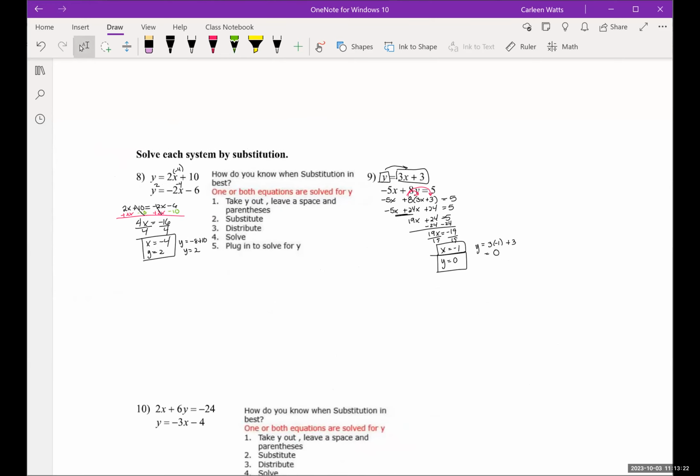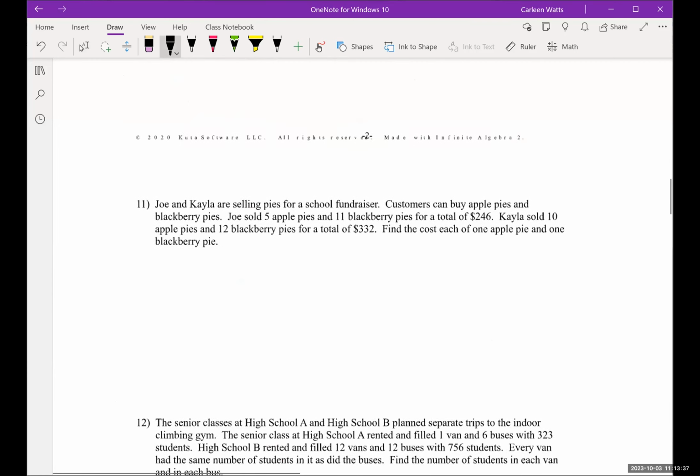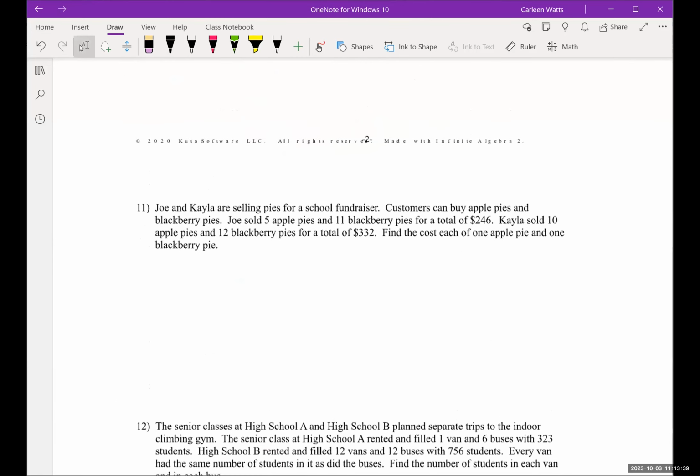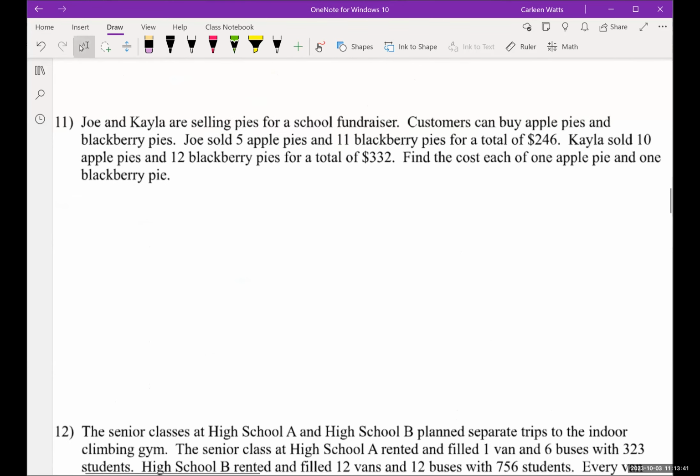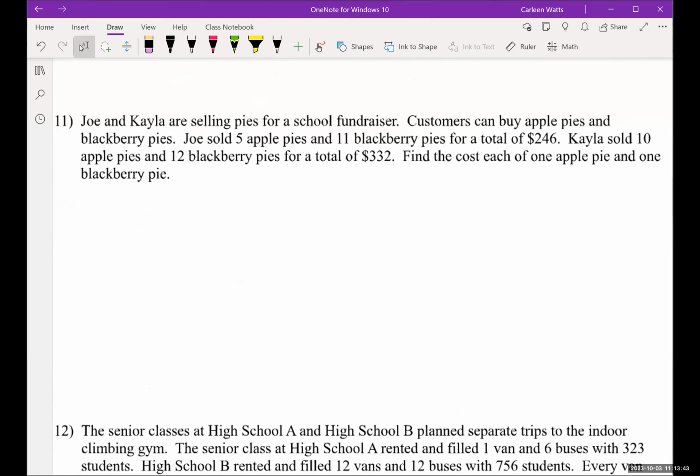Okay. Number 10 on your own. We are going to move on to the word problems. Okay. This is one of the friendliest word problems you're going to see this year. This is not bad.